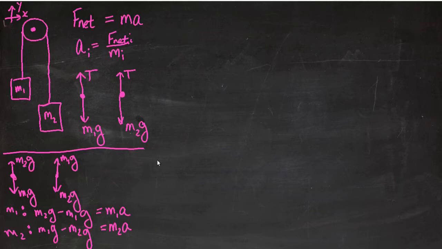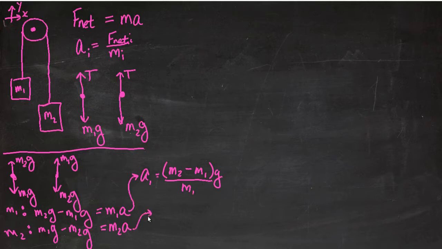If we solve for a, I would get that the acceleration of the first object, I'm just going to solve this equation for a, is going to be m2g minus m1g. So let's factor out the g: (m2 minus m1) g, all divided by m1.